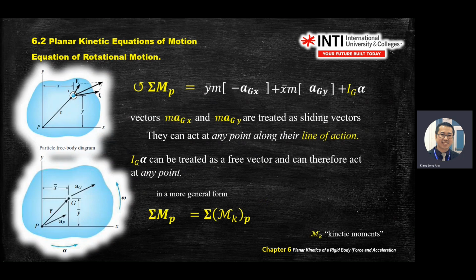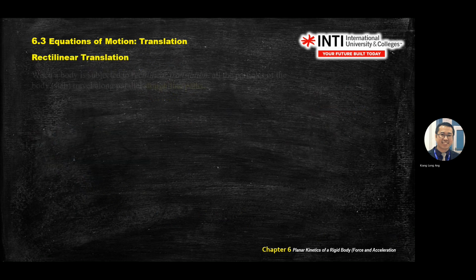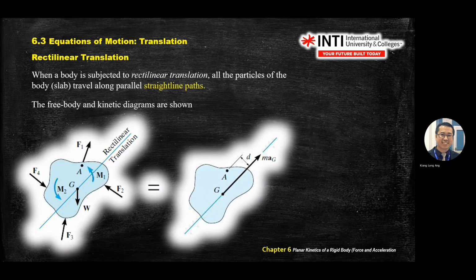Okay, this is the one that I write on the whiteboard. The rest you read. So again, you have a rectilinear translation and so on. Still, if you look at the diagram, you have two kind of diagram. On the left, always free body diagram. On the right will be kinetic diagram.